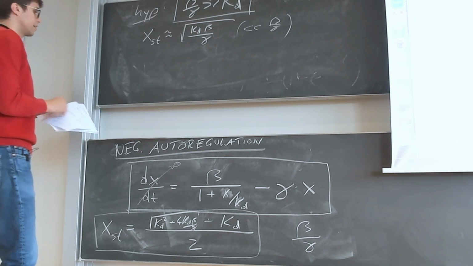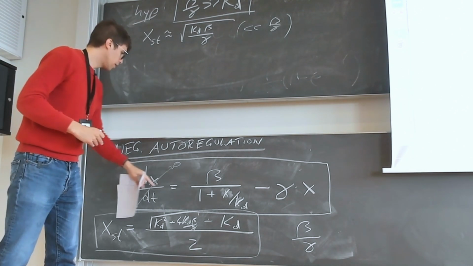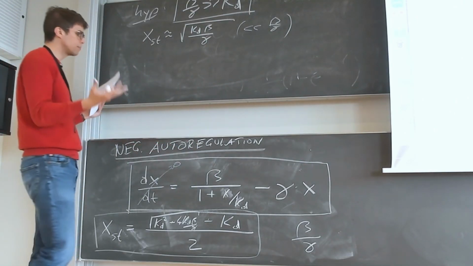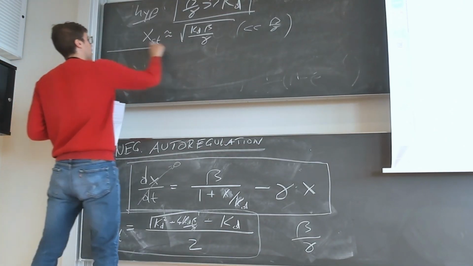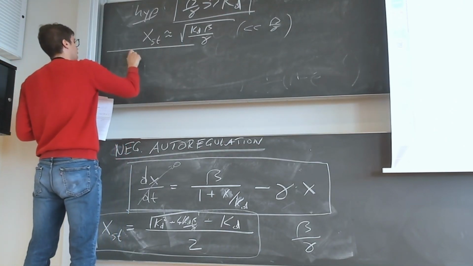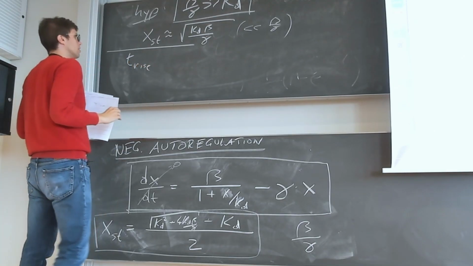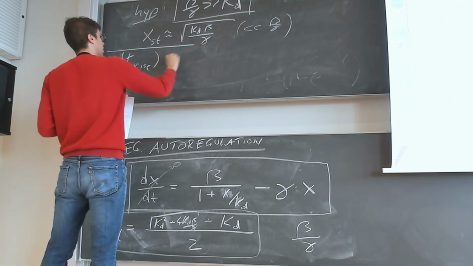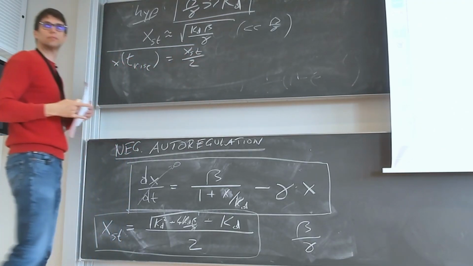Now this is the steady state. You can also look at the dynamics here. So really at the approximate solutions of your ODE. Again, our quantity of interest would be the rise time, which is the time at which this thing is the steady state over 2. Okay.